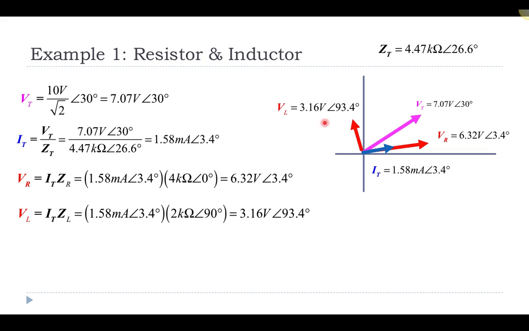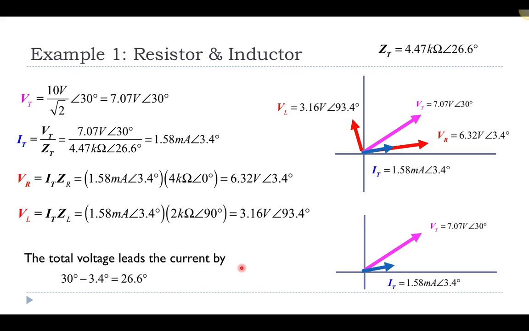And here's my inductor voltage. It is shifted from the current by 90 degrees, which is also what I expect. The voltage across the inductor leads the current through the inductor by 90 degrees.